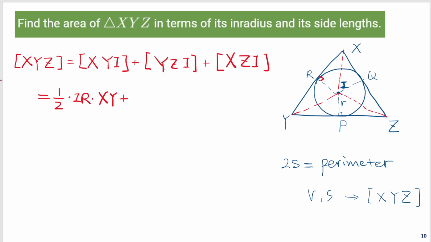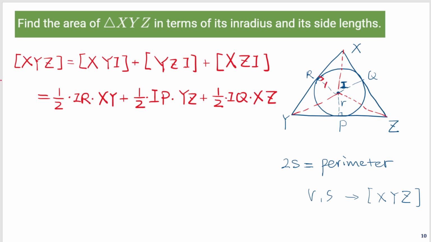And the area of YZI equals 1/2 of IP times YZ, right? And the area of XZI equals 1/2 of IQ times XZ, right?